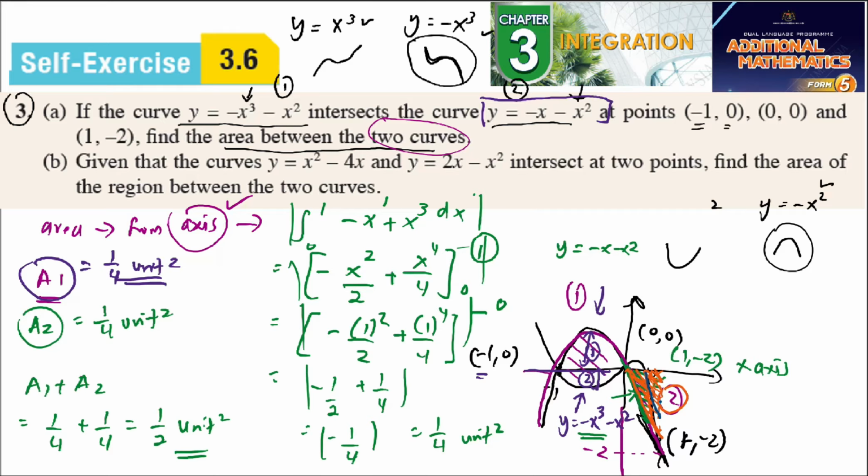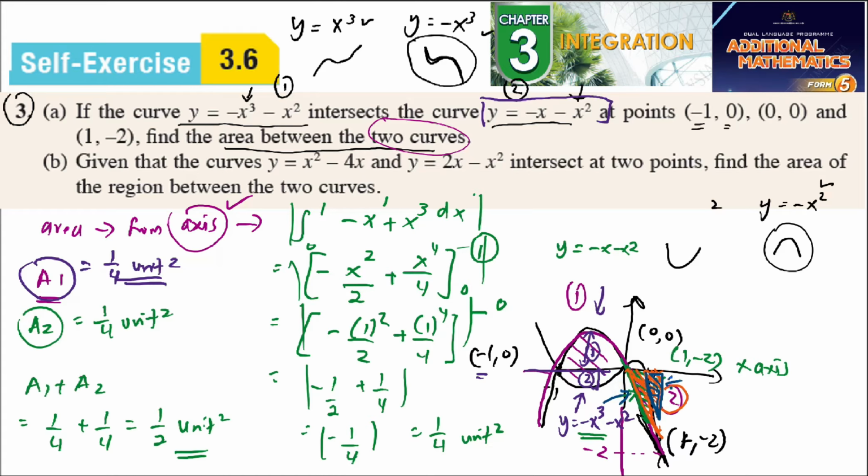But we don't want the area here. This is not the intersection of the graph. So this area is in between the axis and the graph closer to the axis. So that's why you just have to do the furthest minus the closest graph. So you can directly do y2 minus y1 dx.